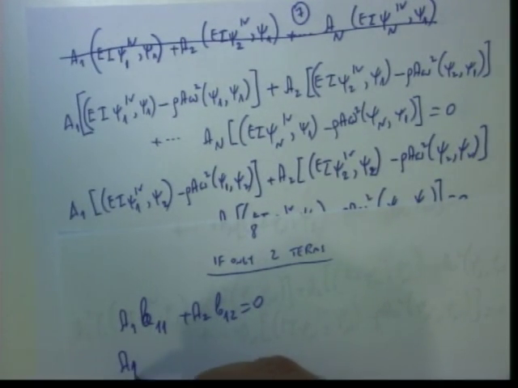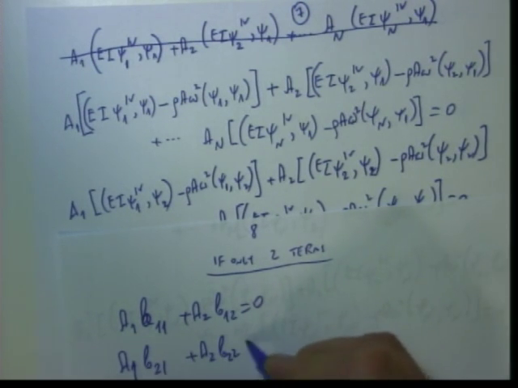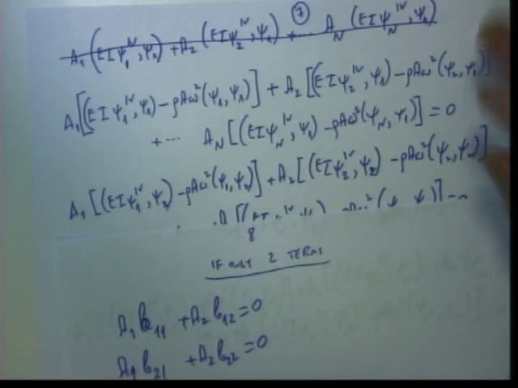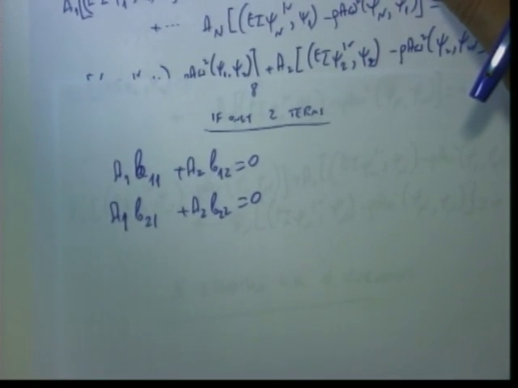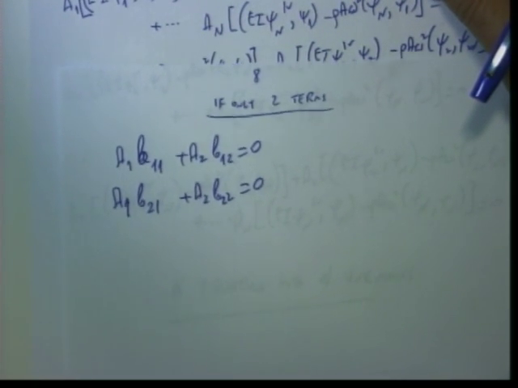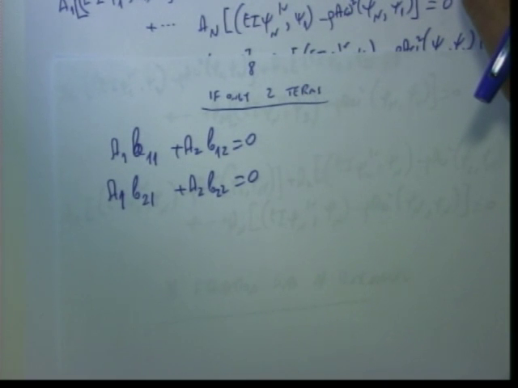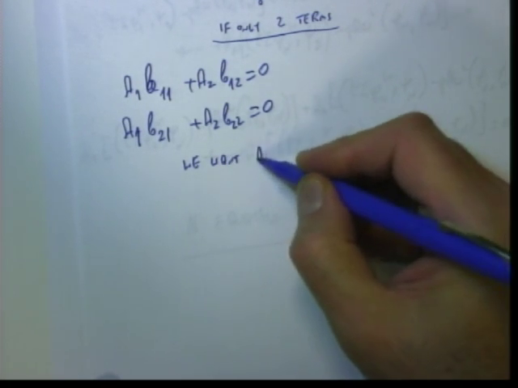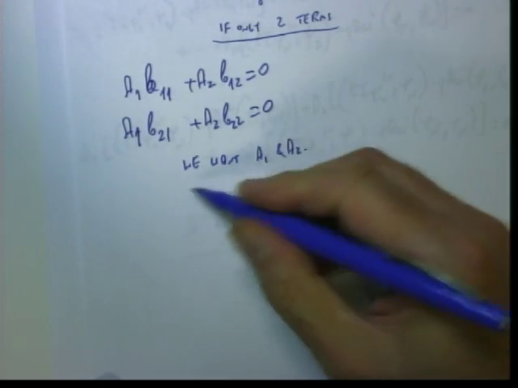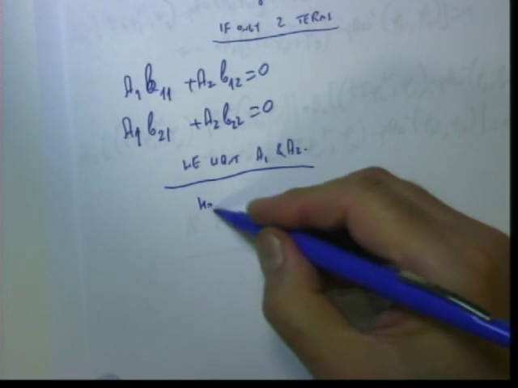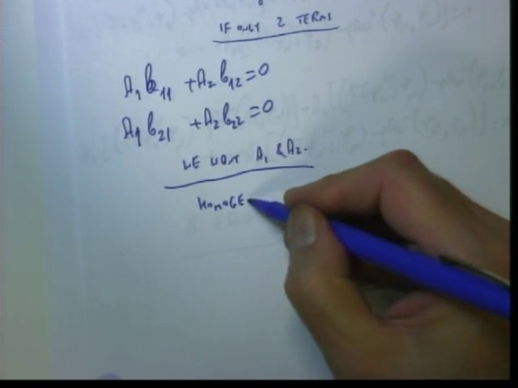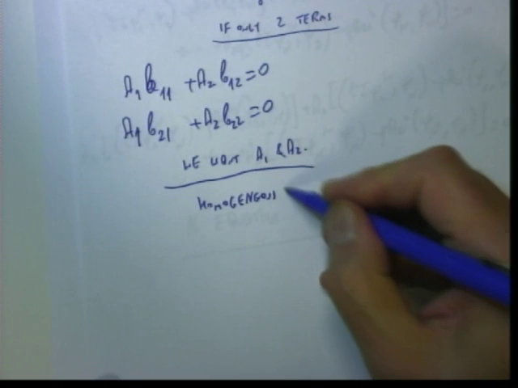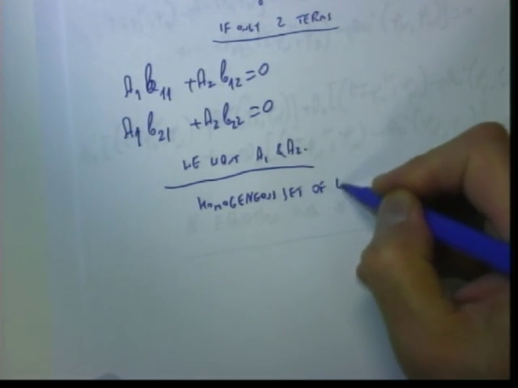Then A1 B21 plus A2 B22 equals 0. Okay, I can rewrite it like this. Only two terms. We want A1 and A2. This is a homogeneous set of equations.